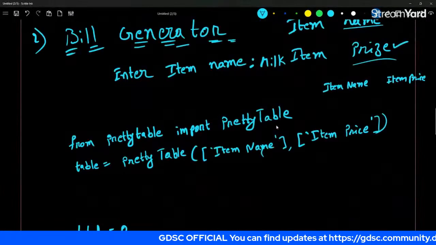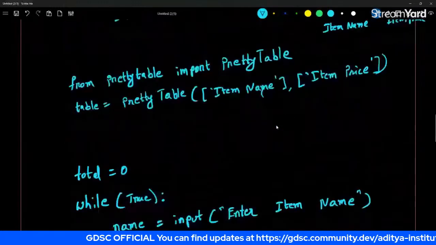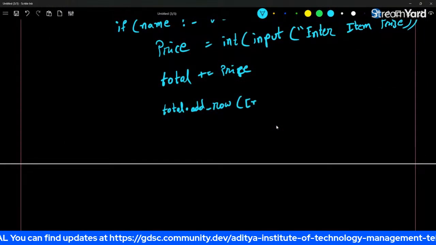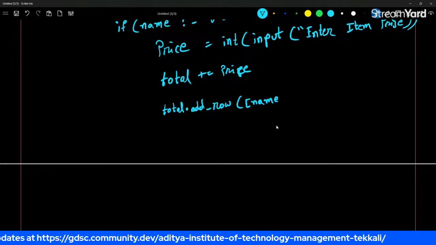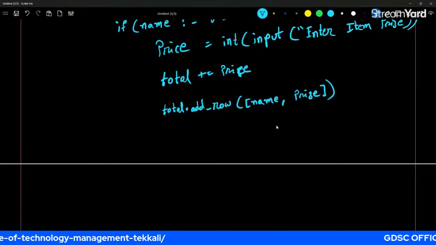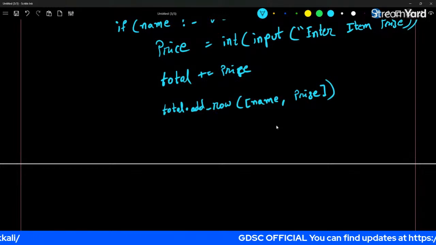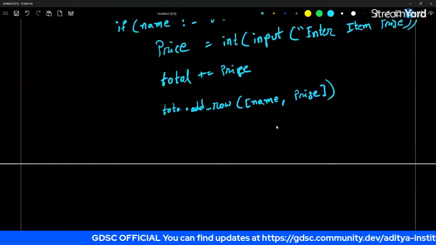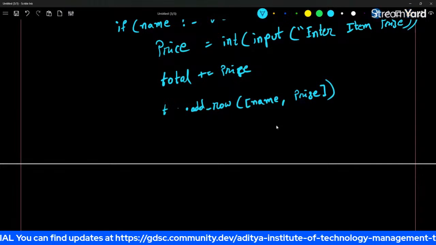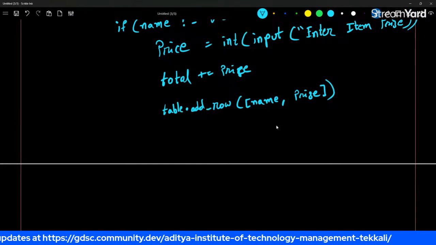Here we have the item name and the price. So I'm placing the name here, and the second thing is price. I just pass it, and this name and price will be added into the table. So guys, this is the table.